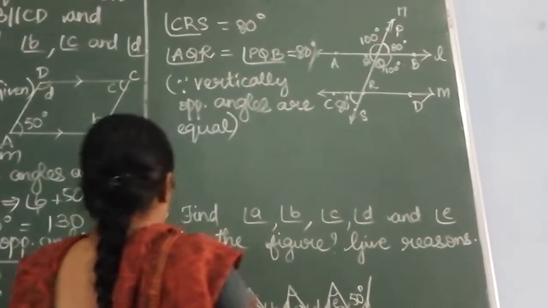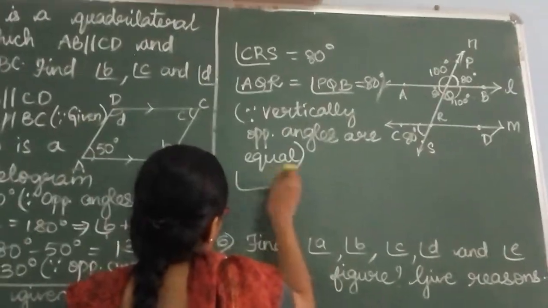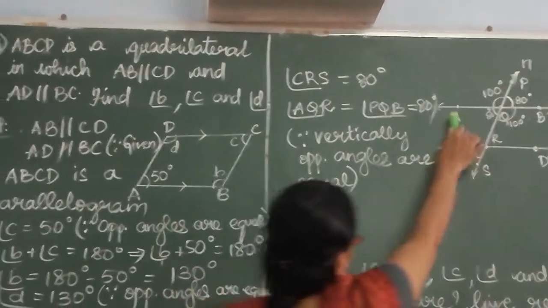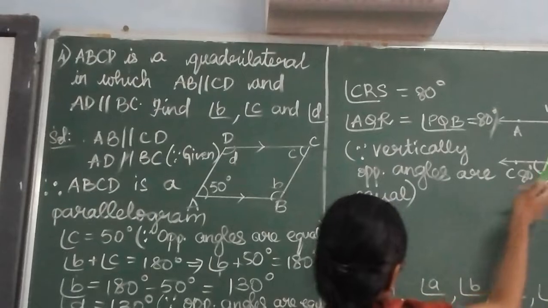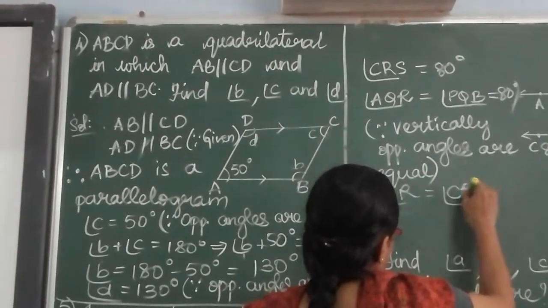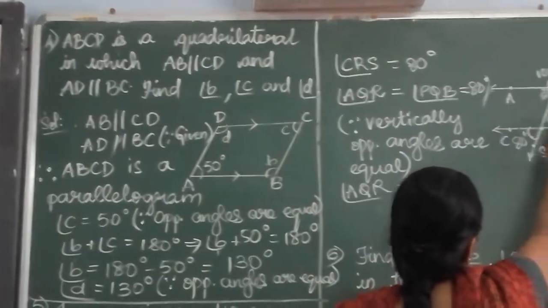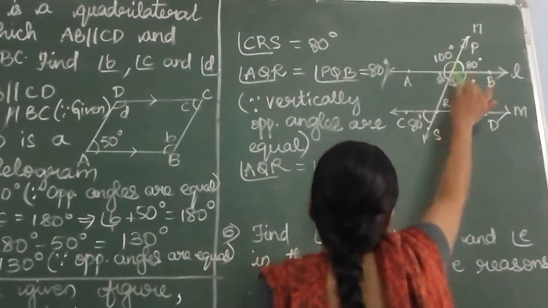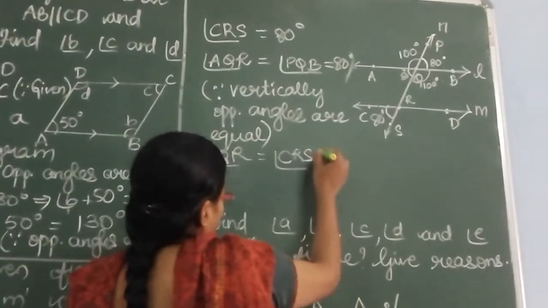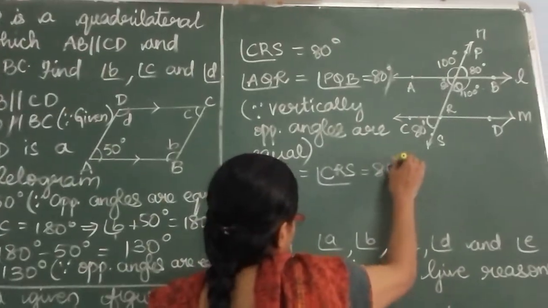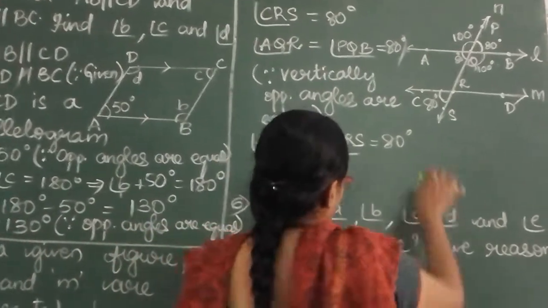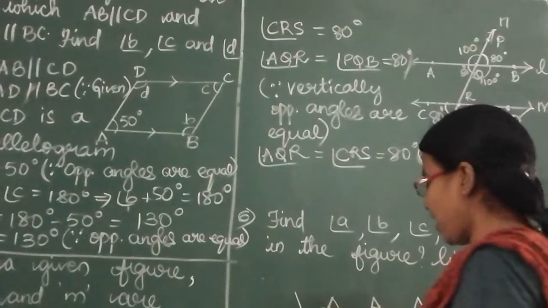So here you have seen that angle AQR is equal to angle CRS. Angle AQR and CRS both are equal to each other, which is equal to 80 degrees, and they are corresponding angles.